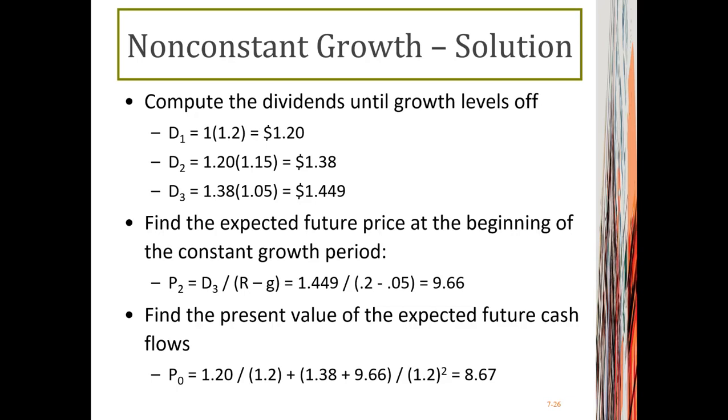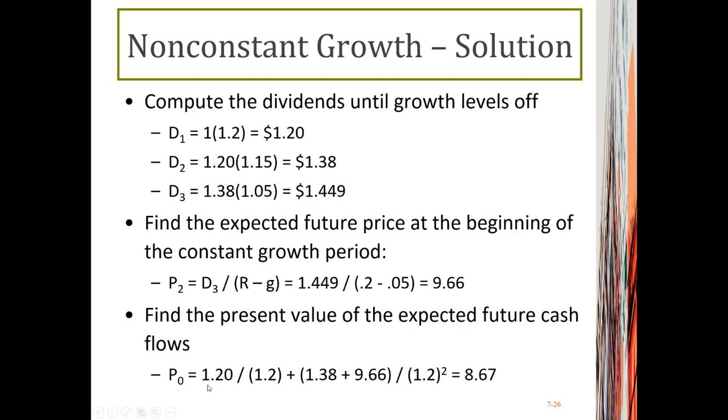So here the problem has been simplified, right? We can view this stock valuation problem as the scenario where we hold the stock to receive dividends for the first year, the second year, and also we sell this stock at the end of the second year at $9.66. Right?